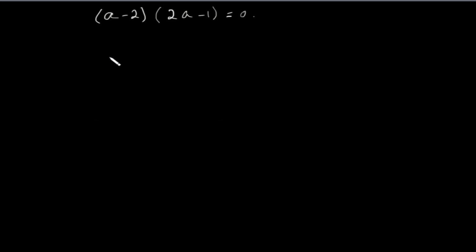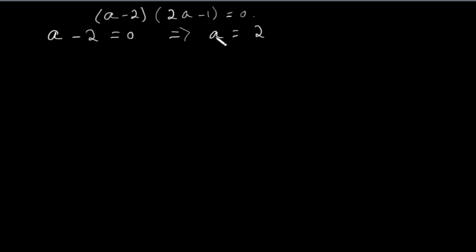Now we will use the zero product property. According to the zero product property, if the product of two factors is equal to 0, then at least one of the factors must be 0. Now we will set each factor equal to 0 and solve for a. First, a minus 2 is equal to 0, which implies that a is equal to 2.